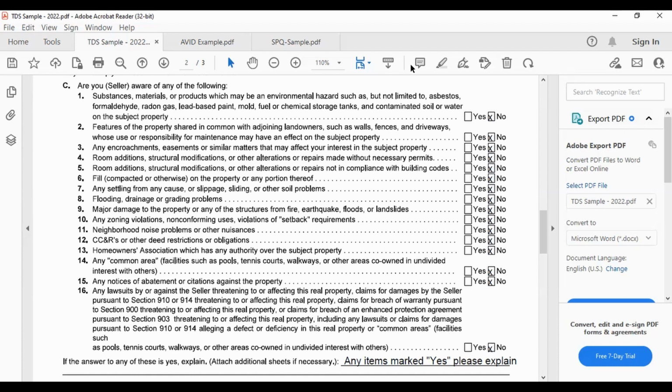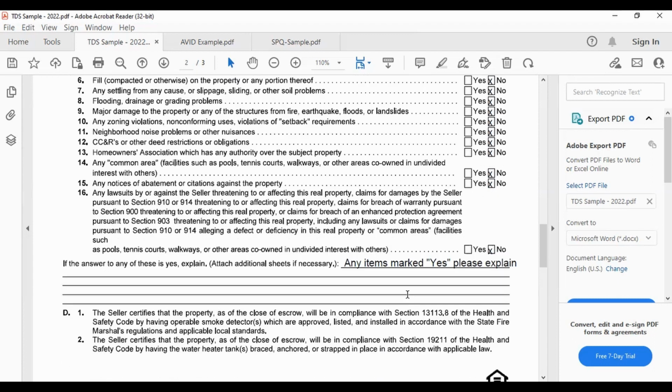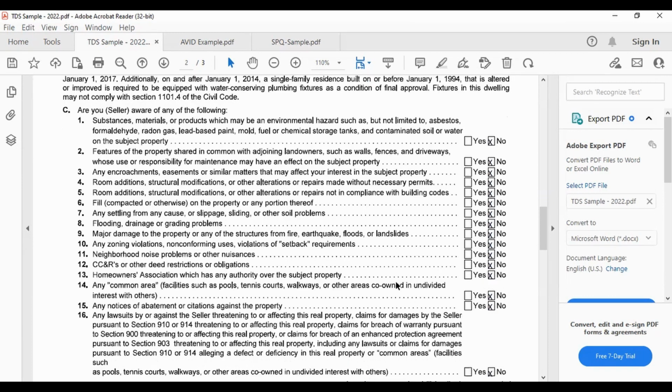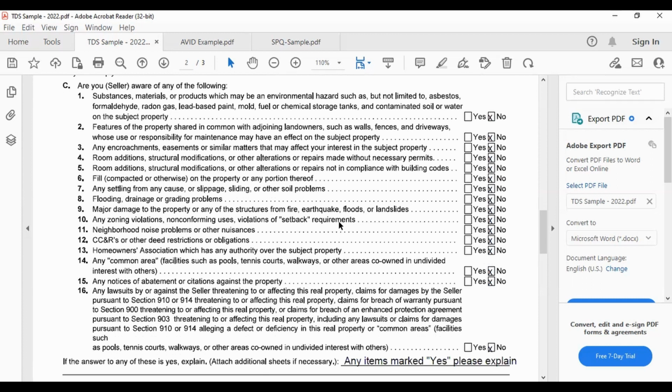Oh, and a big key here too is do not fill this in for your client. Back in the day, a lot of agents were saying, you know what, this is too complicated for my seller. I'm just going to check all the boxes and have them sign. Well, let's say something does happen. A buyer buys a property, buys a home, and there's a legal issue, and it gets very legal.